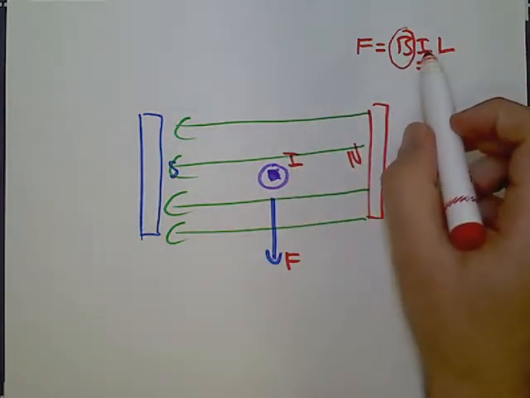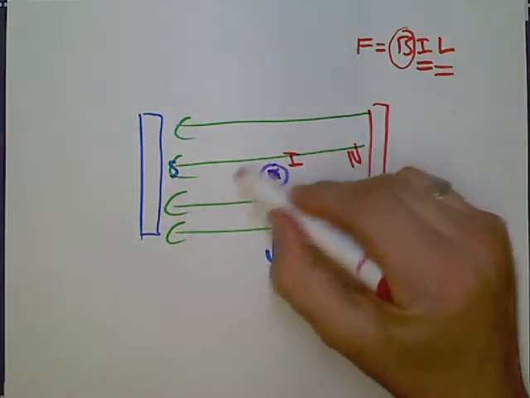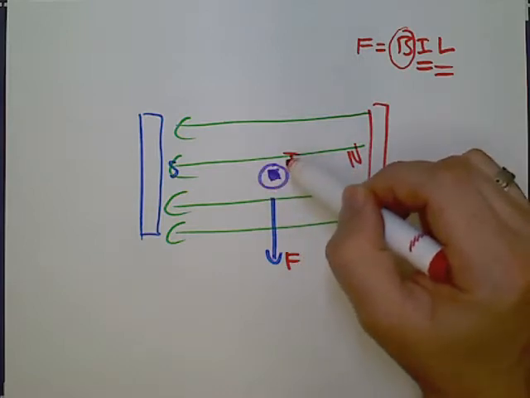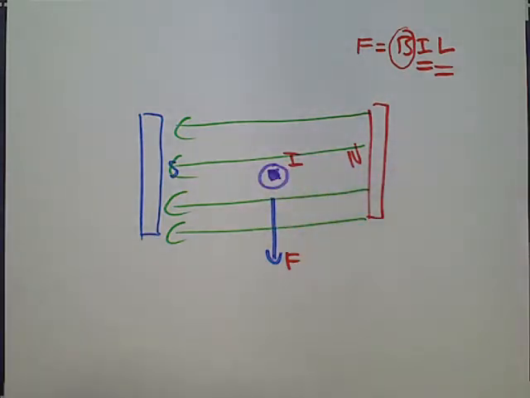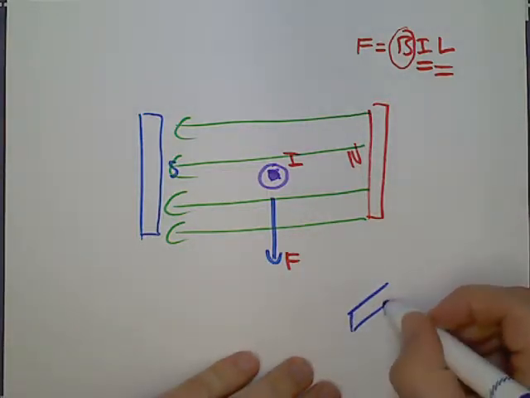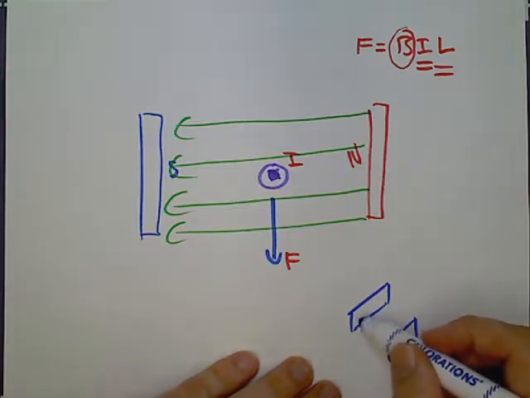And so the length is one that's a bit more difficult to show with this diagram, but it's the length of the wire in the magnetic field. What I'm going to do is try to draw a three-dimensional picture on the side here to give you an idea of what that length represents. So if you were to imagine, here's my two bar magnets with the magnetic field passing between them.